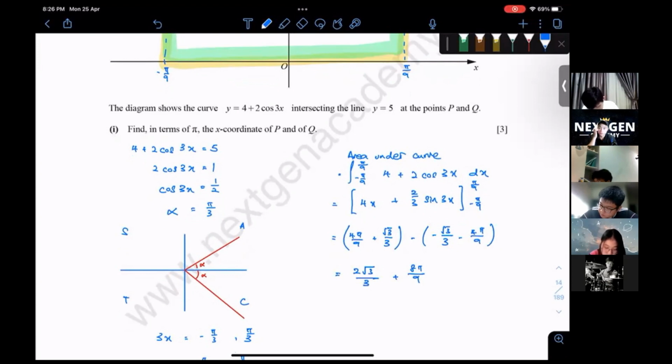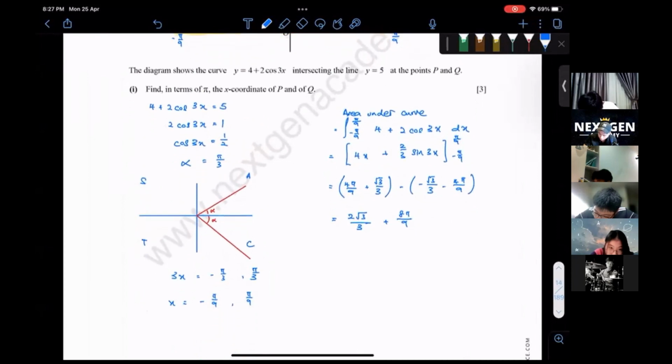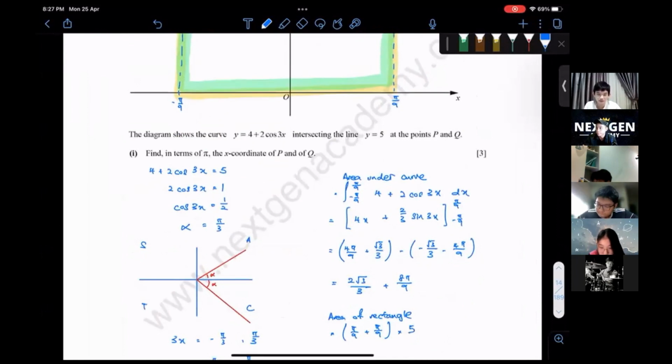Anyone else got a different answer? After that, I will use the area of a rectangle because I know my base and my height. The base is just pi over 9 plus pi over 9, times 5, which is the height.